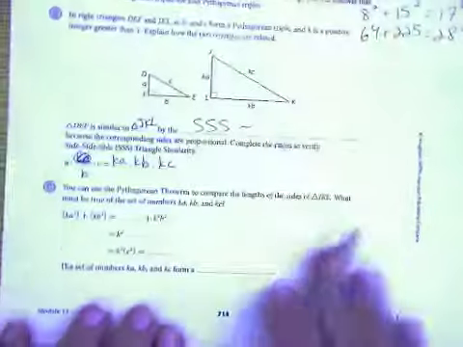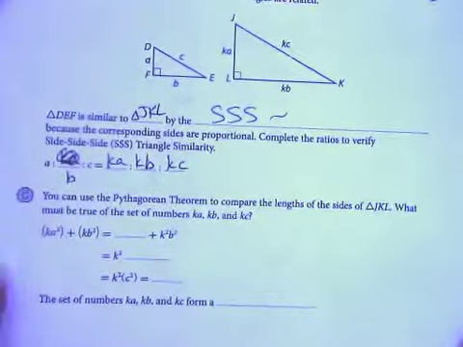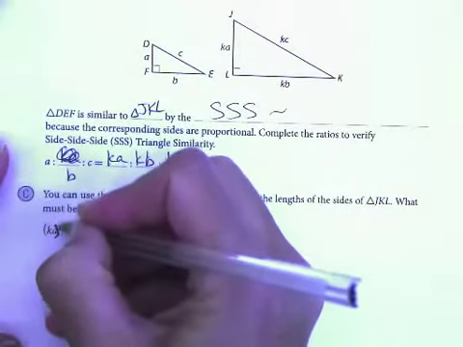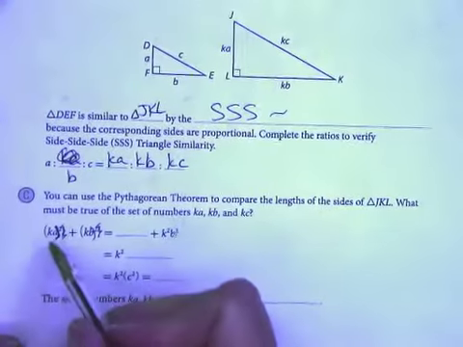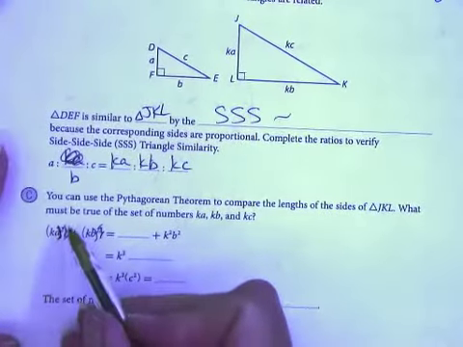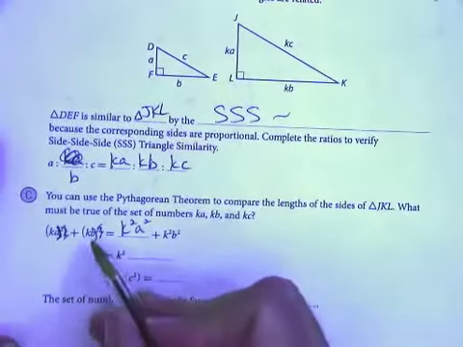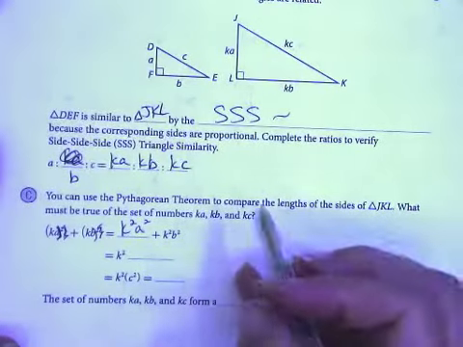Okay, in part C, we're going to use the Pythagorean theorem, but I have a typo alert. This parenthesis should be here, not there. So when I take Ka, the quantity, and square it, I get K squared A squared. And when I take the quantity Kb and square it, I get K squared B squared.